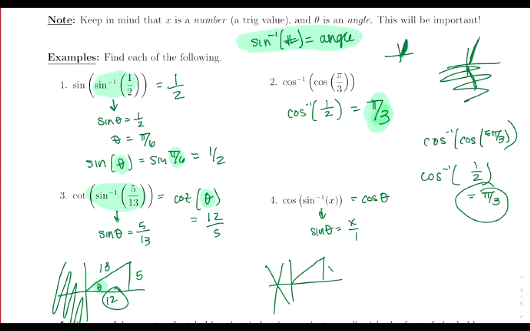So we've got opposite over hypotenuse, and then we would need to find this missing side. So the Pythagorean theorem says 1 squared equals x squared plus a squared. So 1 minus x squared equals a squared. And then that gives us that a is plus or minus the square root of 1 minus x squared.